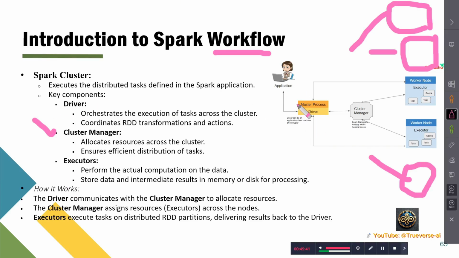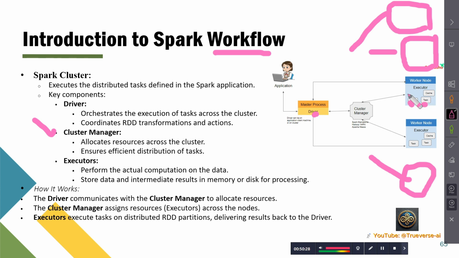The driver manages the user's request and integrates the execution of tasks across the cluster. Because in this computer you want to do zooming, in this computer searching, and in this one, for example, visualizing. When you integrate, the driver is like an orchestra leader trying to execute the tasks.